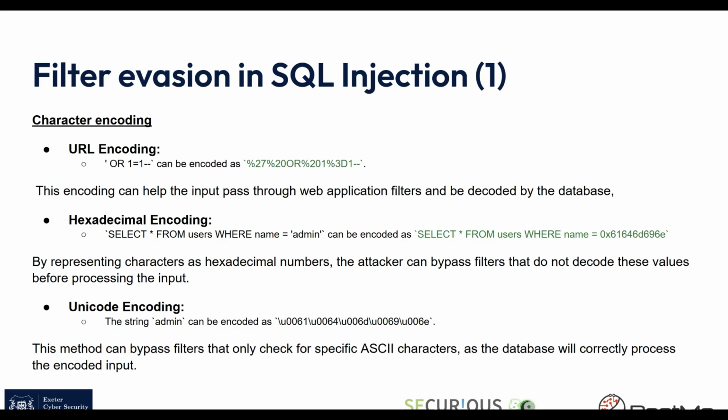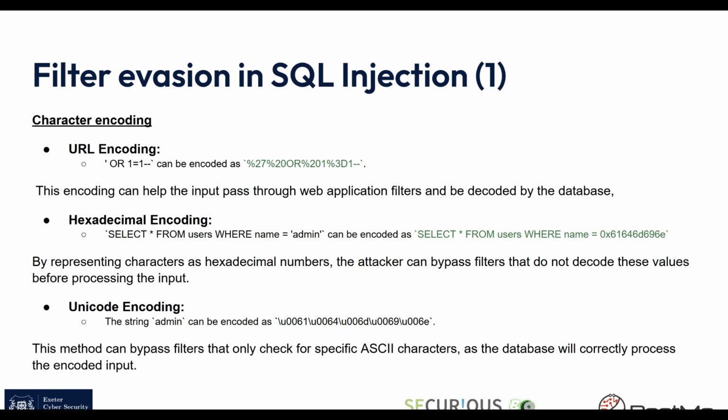Okay, now that we know all that, how do we evade all these filters using SQL injection? I see you're now interested in SQL evasion. So, URL encoding. Probably because people have already done a bit of competitions, things like that. URL encoding is very useful.